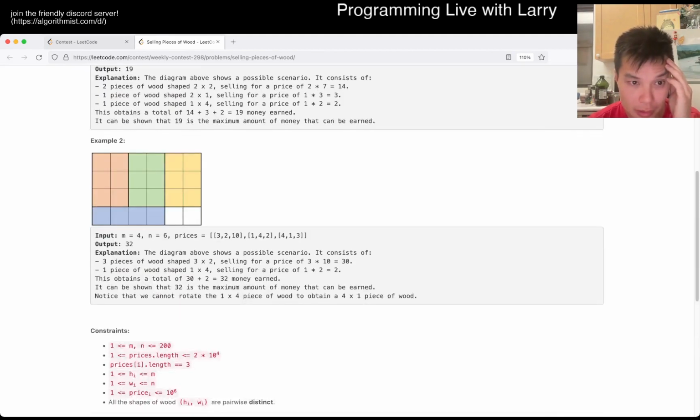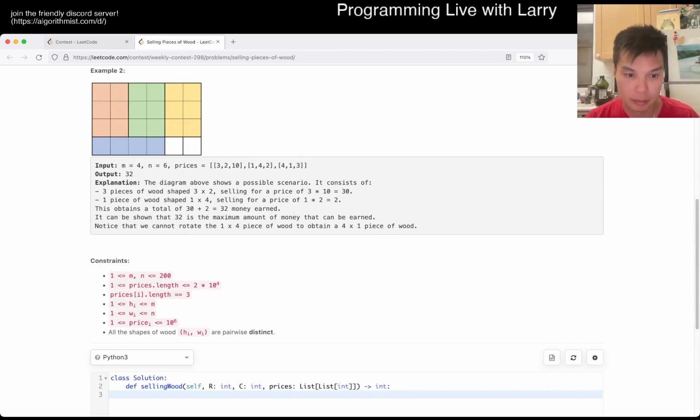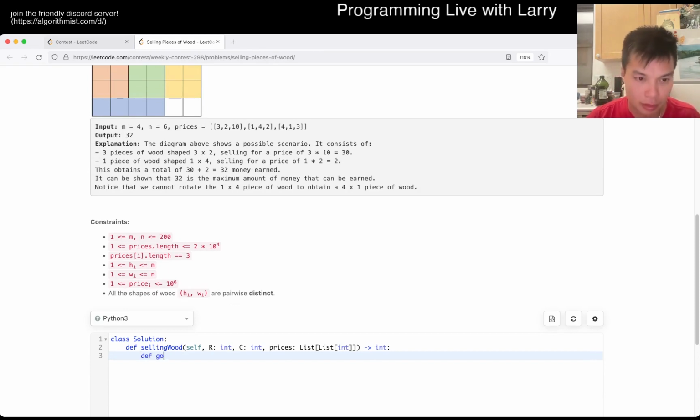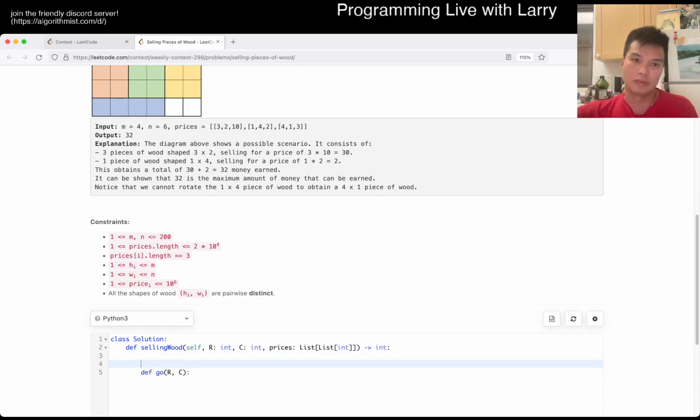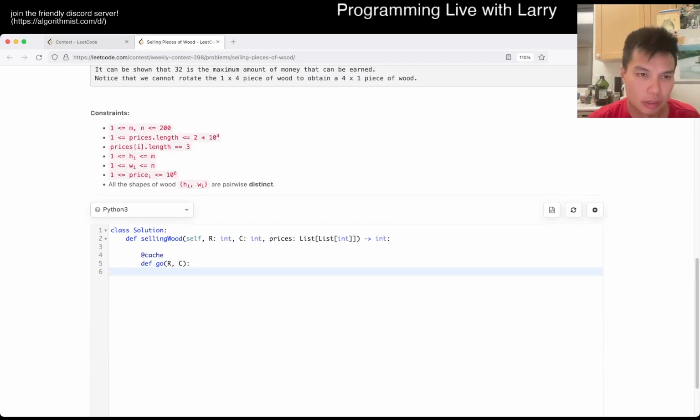And we want to take. I don't know if this is too slow though.